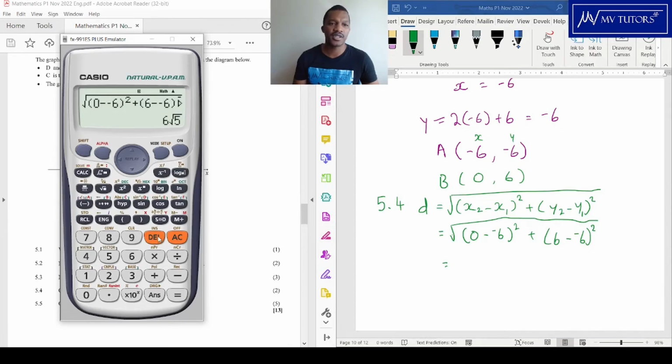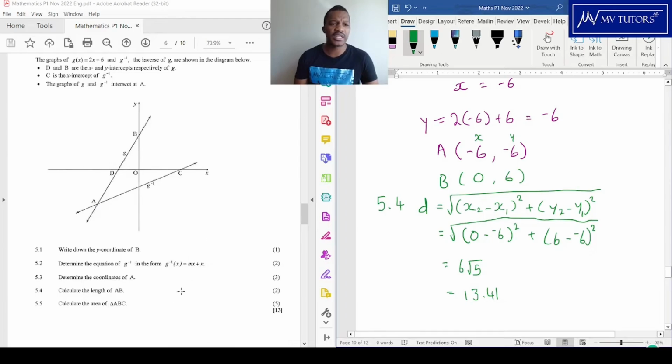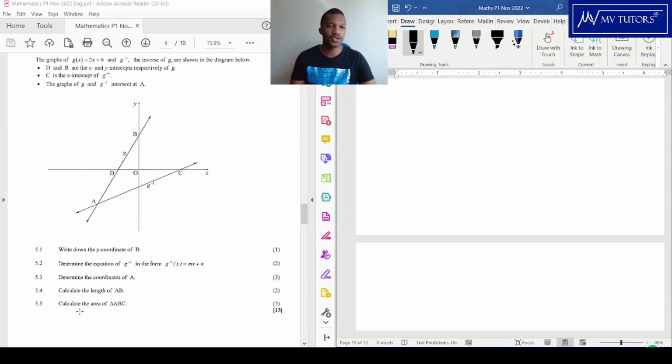Let me put it in decimal form. Let me write it in surd form first: 6 square root of 5, and in decimal, that's 13.41. But I was not told to leave it in decimal. So in this case, we leave it in surd form. Thank you.